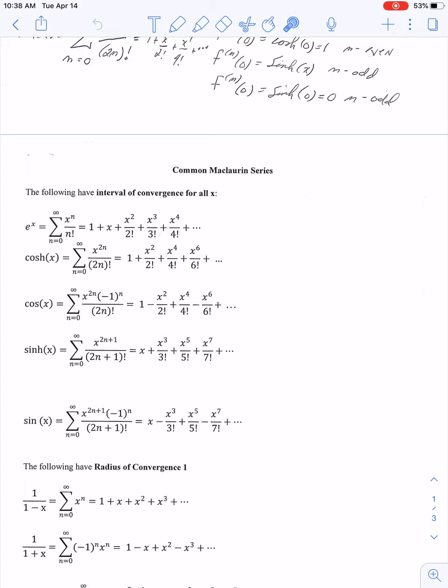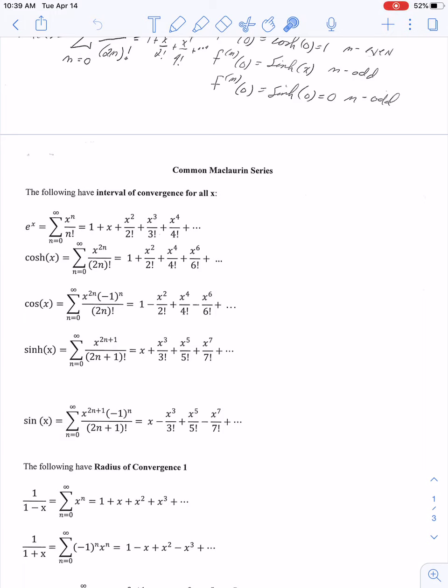Now, let me try to show you how you would expect cosh to only have even powers. Well, think about the function hyperbolic cosine. The hyperbolic cosine, just like the cosine, is an even function. An even function means what?